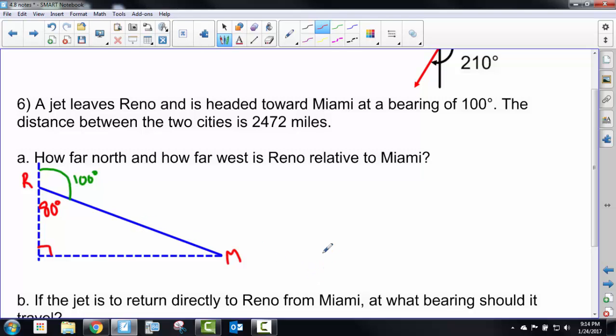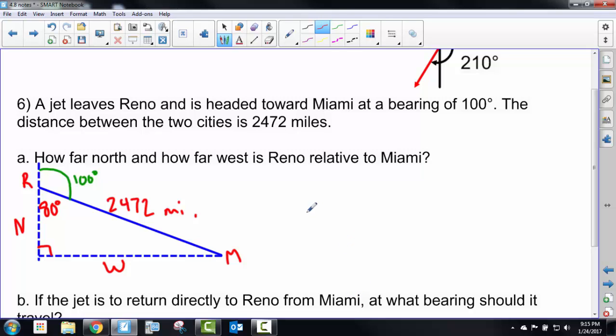All right, so the distance between the two cities is 2,472 miles. The question says, how far north and how far west is Reno relative to Miami? So essentially, I need to find this distance. That'll be how far north. And right here, that distance will represent the distance west.